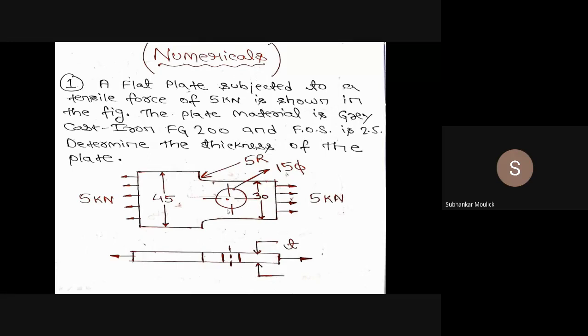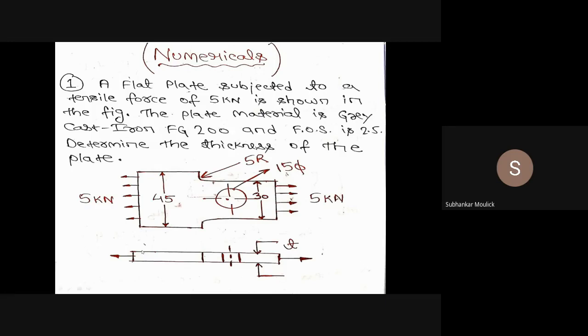Fine. So by the use of stress concentration factor, we know that stress concentration factor Kt is the ratio of maximum stress to nominal stress. That means stresses are critical at two points. The first point is the fillet point and the second point is this hole cross section point. So two times you have to calculate the maximum stress.